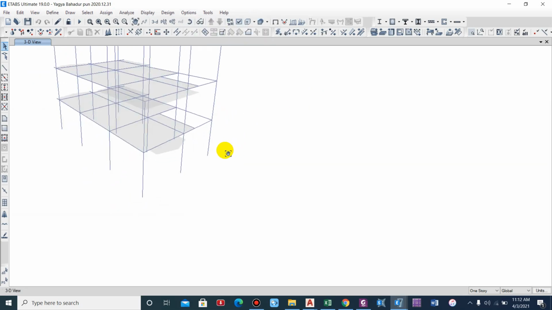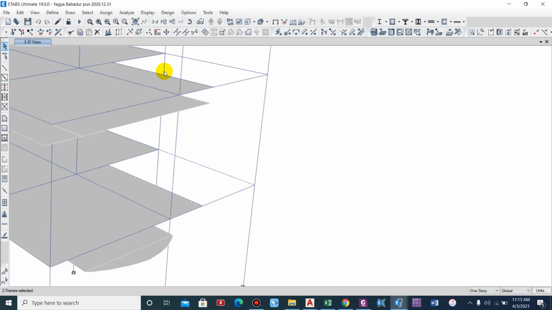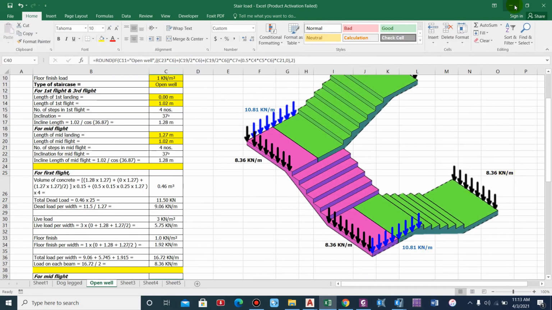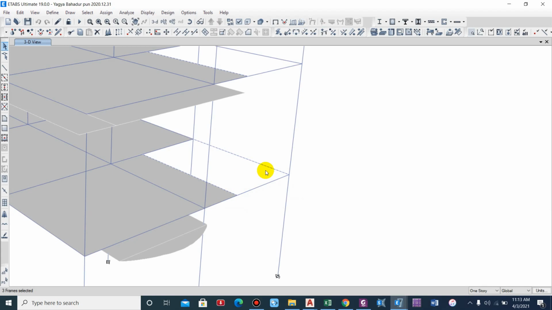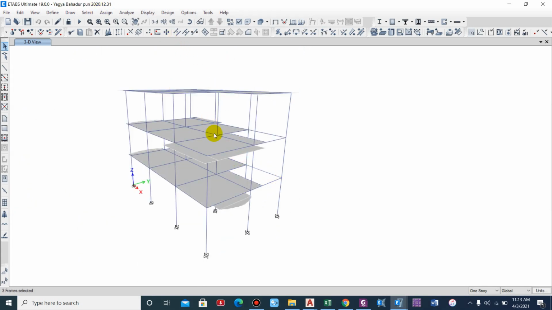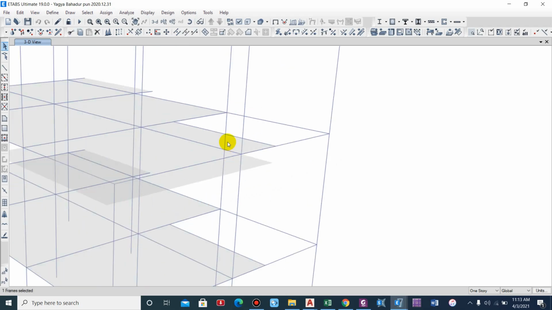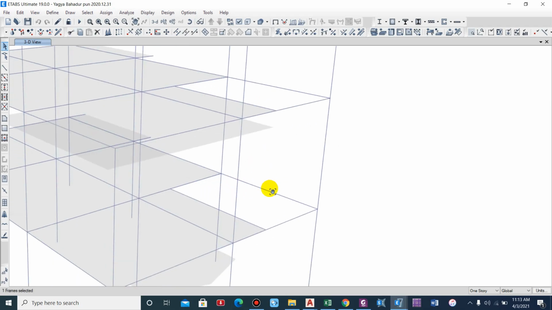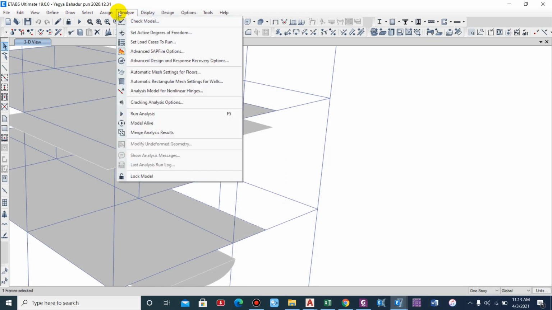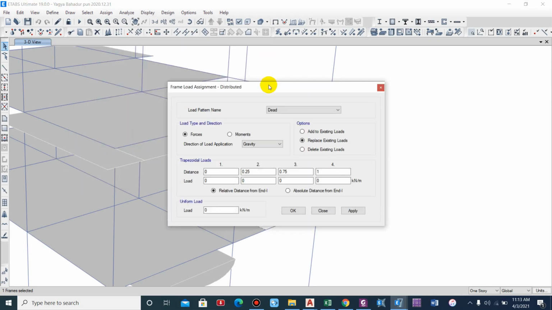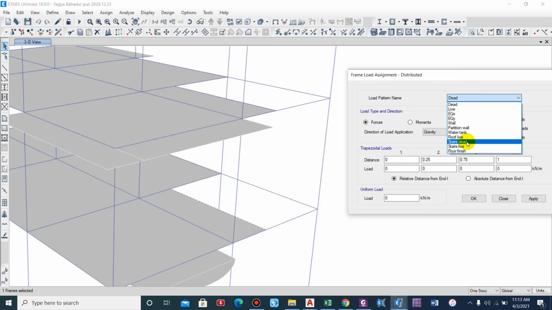Now let us apply the load. For these two and this, we'll apply 8.36. That is the load of the first flight and third flight. But point I and point J may be different, so we'll do them separately. Assign, go to frame load, distributed, steer dead.